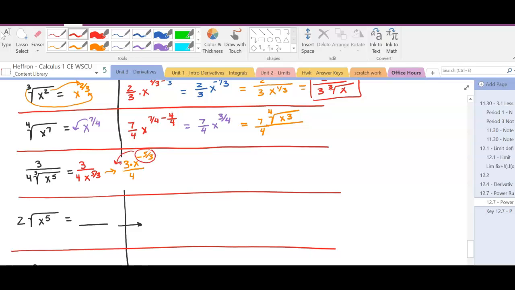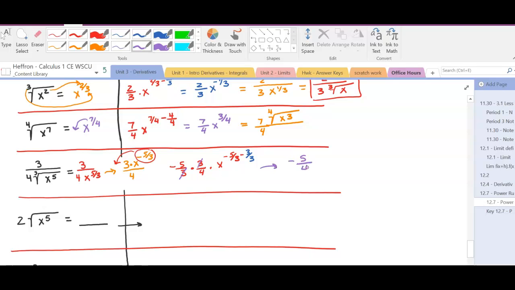This power multiplies negative 5 over 3 times our original 3 over 4 times x to the negative 5 over 3 minus 1 in the form of 3 over 3. The 3's cancel out.